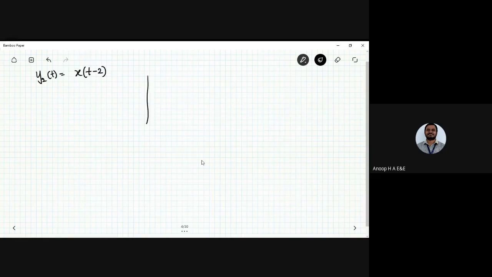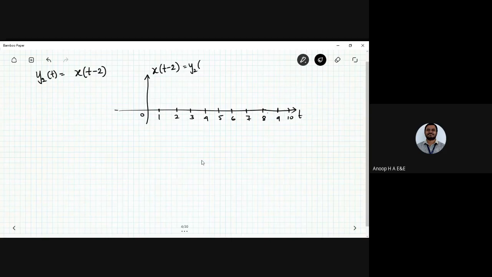The time axis runs 0, 1, 2, 3, 4, 5, 6, 7, 8, and let me extend it to 9 and 10 for your reference. So x of t minus 2 is equal to y2 of t.